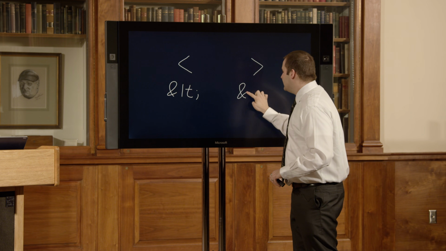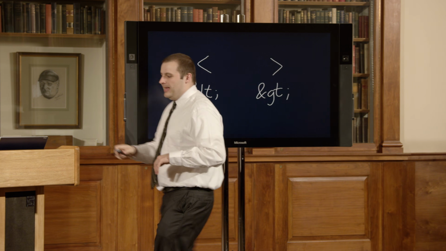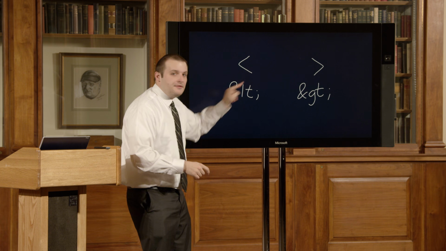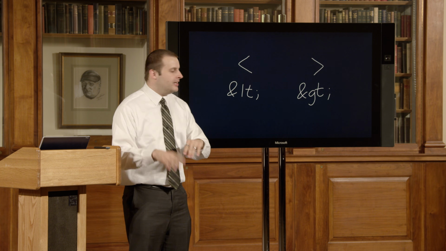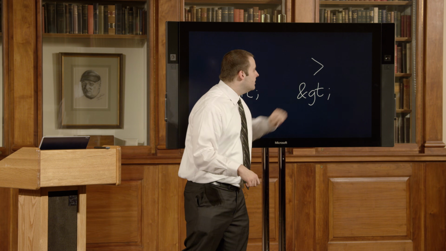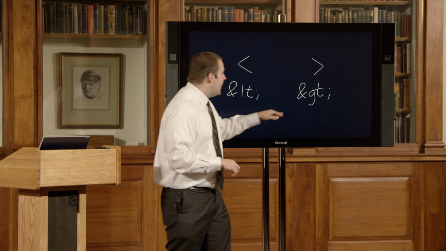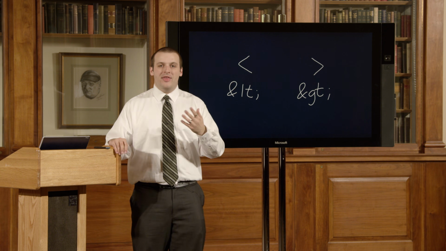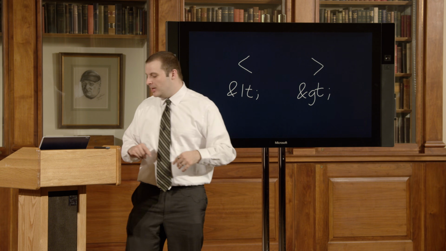Suppose I sanitize my input in such a way that every time somebody literally typed the character left angle bracket, I had written some code that automatically changed it into ampersand LT semicolon. And every time somebody wrote a greater than character or right angle bracket, I changed that in the code to ampersand GT semicolon.